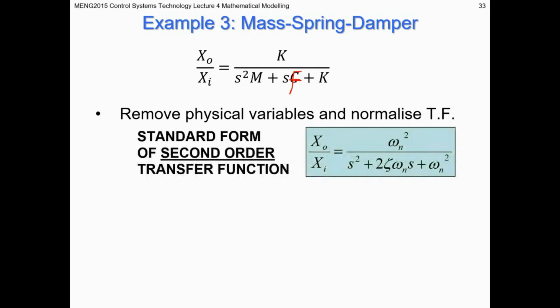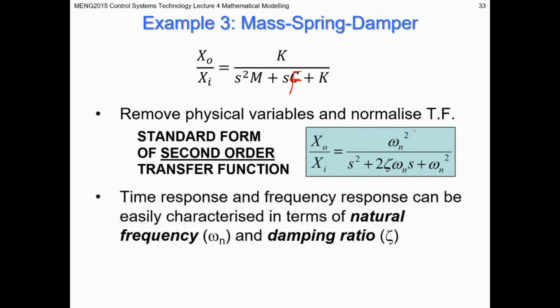Well, we want to get it into a standard second order transfer function form, and this is the standard form. The second order system is described as, this is called the prototype transfer function, or the standard transfer function for a second order system: omega n squared over s squared plus 2 zeta omega n s plus omega n squared.